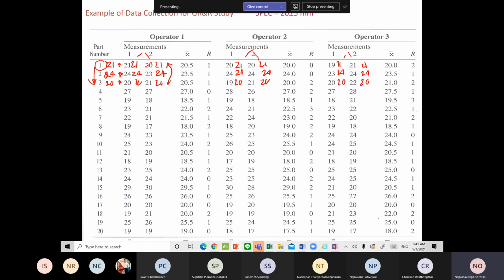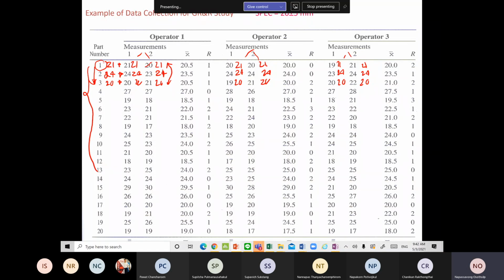Okay, and the point of this is that actually we have to accept that when we do production, there is variation among the parts, so it's normal that we will have variation among the parts, and then we want to measure this variation among the parts, right?